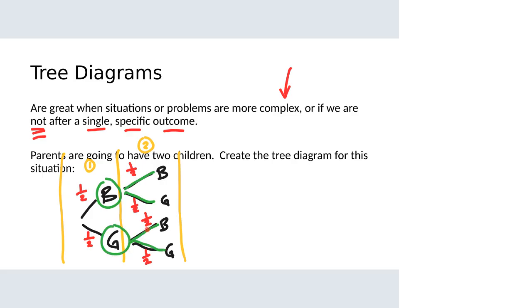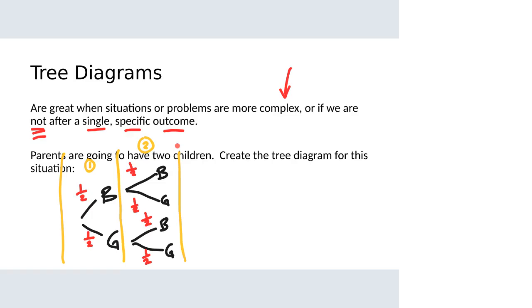So what we're doing is we're making sure that we account for every possible condition. I'm going to have to draw those back in, but we're making sure that we're accounting for every possible everything that could possibly happen. And so that's how this column here just represents 1 child being born. It's because it's dependent on whether the first child was a boy or a girl, which path you take.